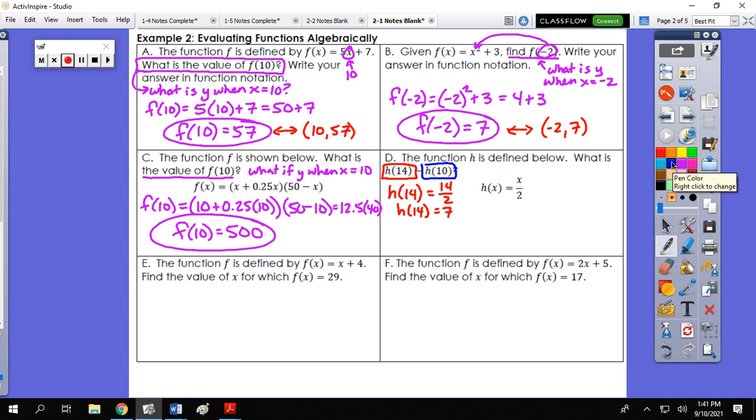Then we'll do that again for h of 10. We'll replace x with 10. 10 divided by 2, so h of 10 is 5. So when it asks us for the value of h of 14 minus h of 10, that is 7 minus 5, which means the value is 2.